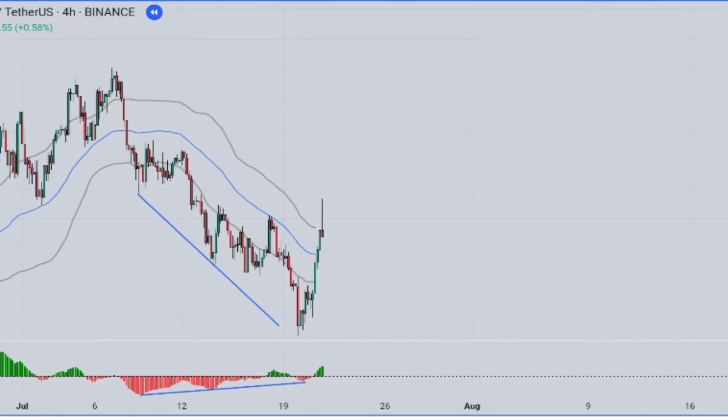In this trade, we will enter the position upon the upward break of the pivot line.